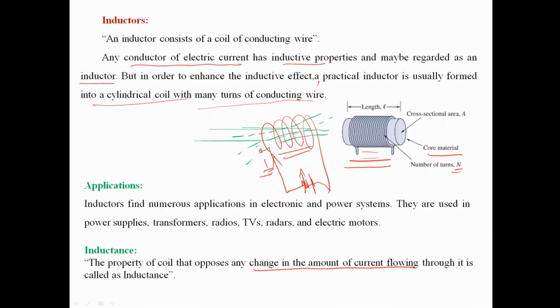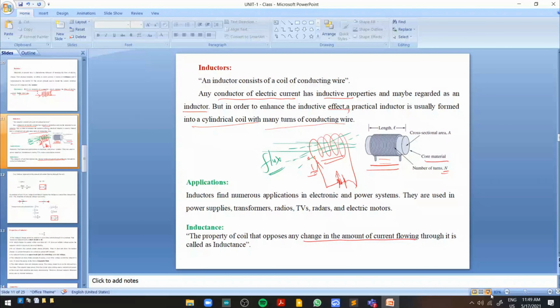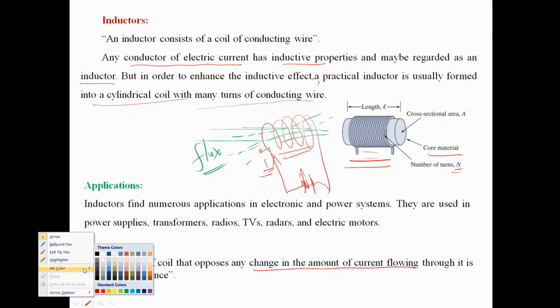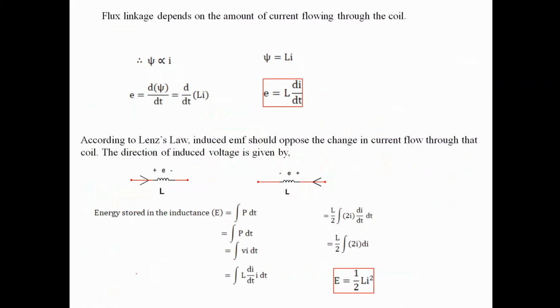Flux is nothing but magnetic lines of force. Due to this flux, according to Faraday's laws of electromagnetic induction, an EMF will be induced in that, and that induced EMF is represented like this here. So the flux linkage depends on the amount of current flowing through this.